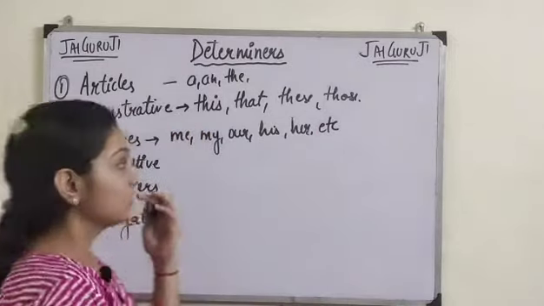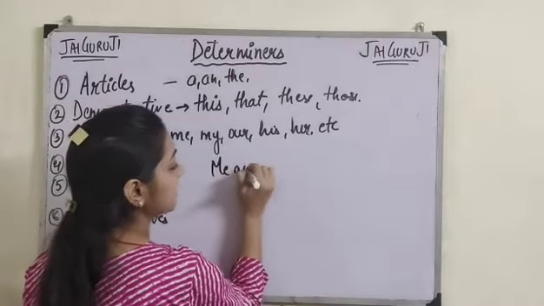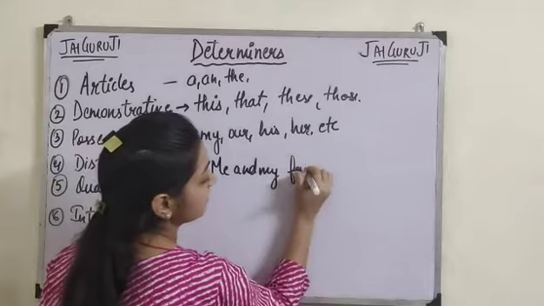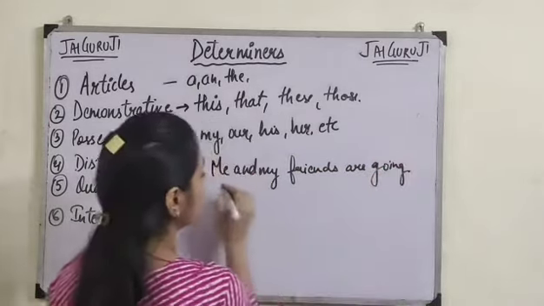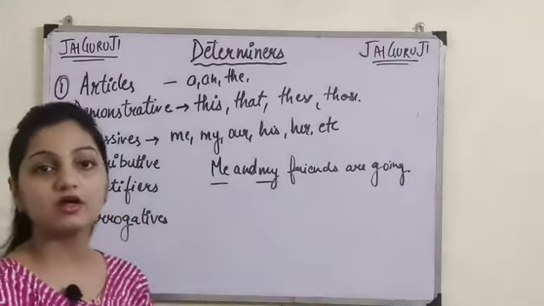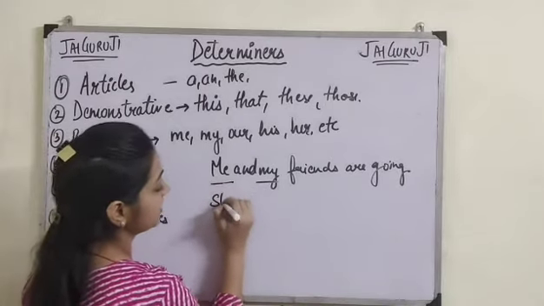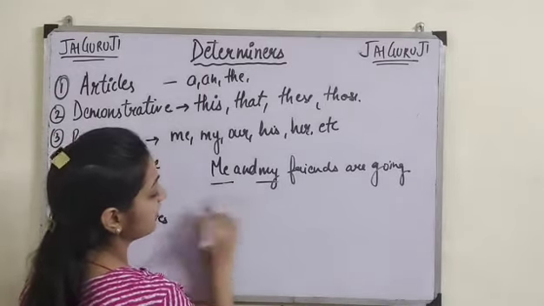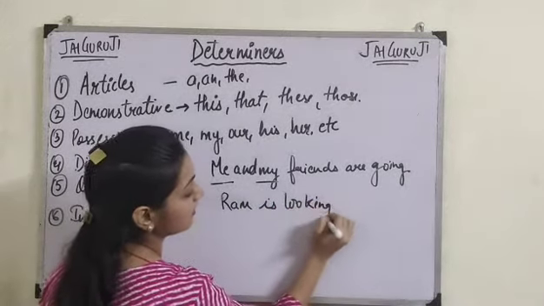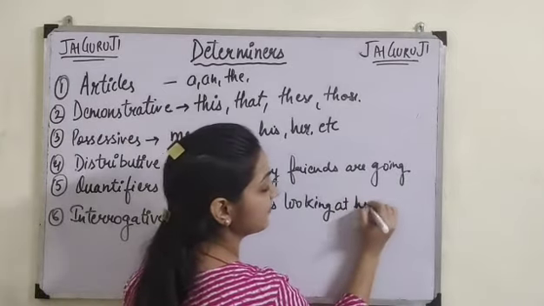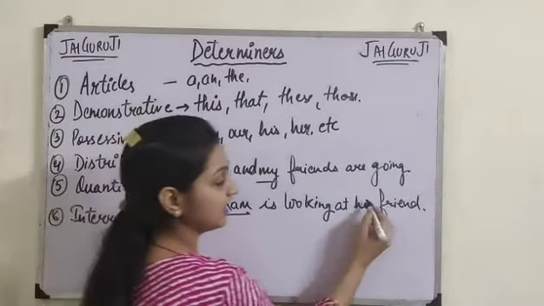If I'll say me and my friends are going, so it is me and my. These are the possessive determiners. If I'll say Ram is looking at his friend, here Ram is a noun, but he is using his friend.